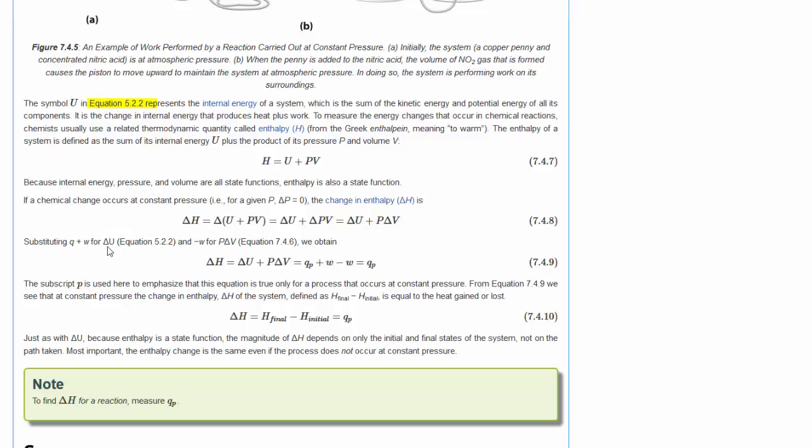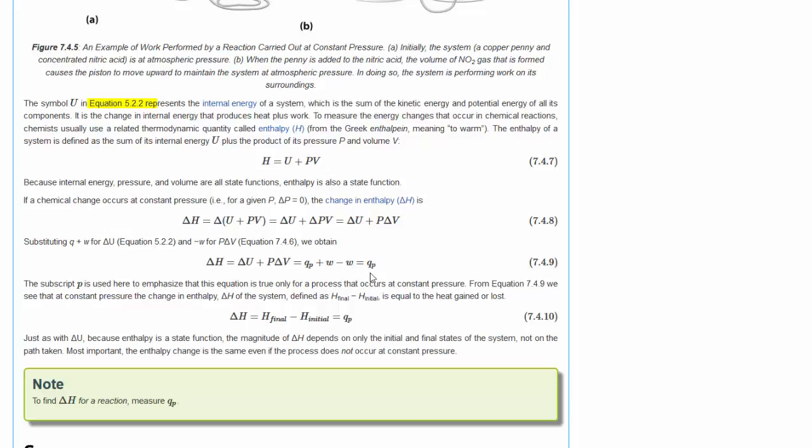Delta U, if you look in your book, is also equal to Q plus W. So we can say that delta H is equal to delta U plus P delta V, which equals Q plus W minus W, because the P delta V is the minus W part. So look, delta H is indeed Q.